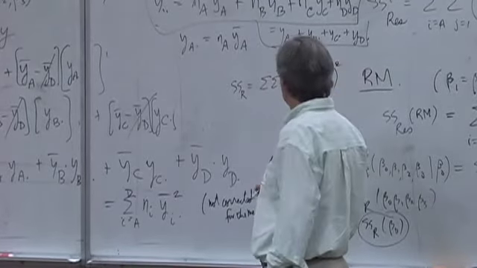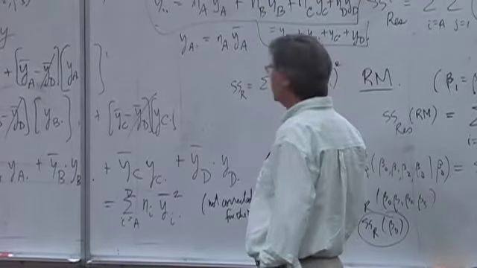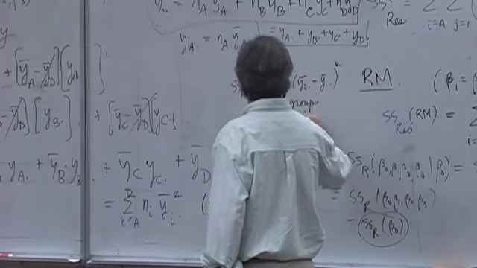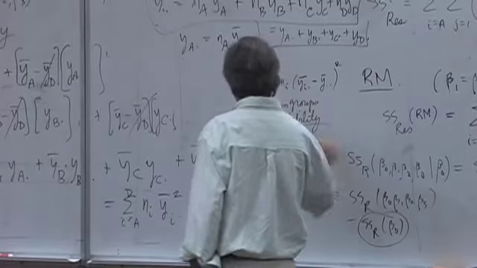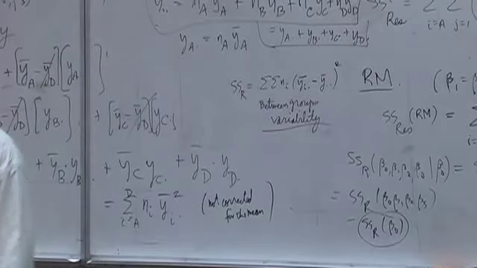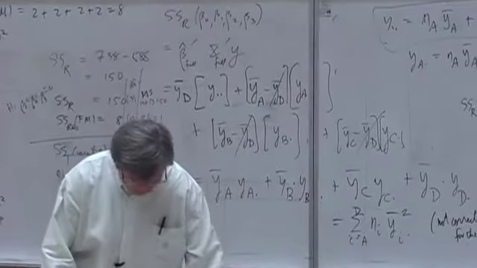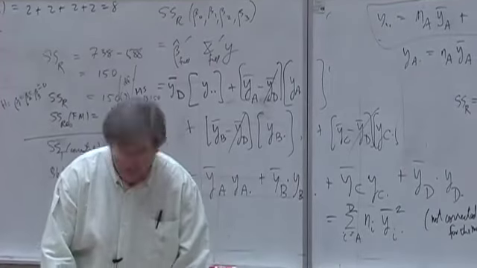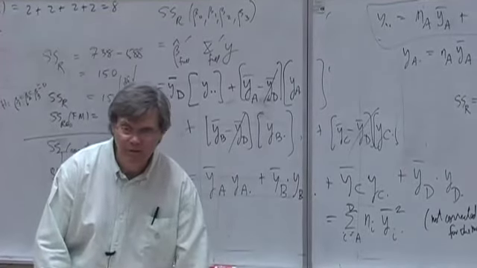This is the between groups variability. That's how you would generalize it, whereas before he just had the common number n times this double sum.